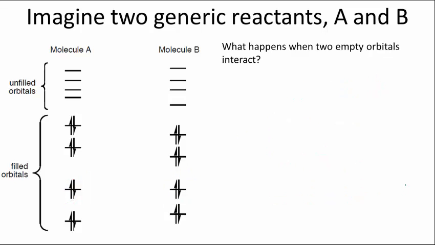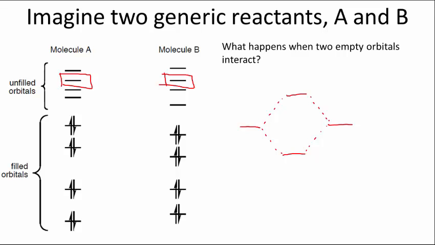We could also ask ourselves, all right, what happens if I have 2 empty orbitals interact? Let's say I pick this orbital here and this orbital over here. What if I have those 2 orbitals interact? Well, I bring the 2 together. I make a lower energy orbital and a higher energy orbital.